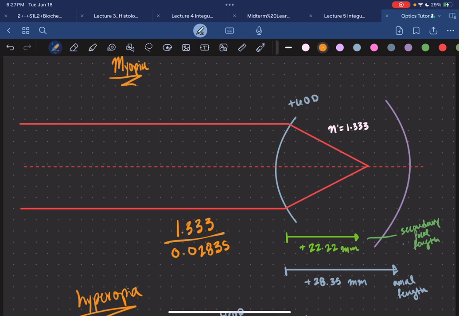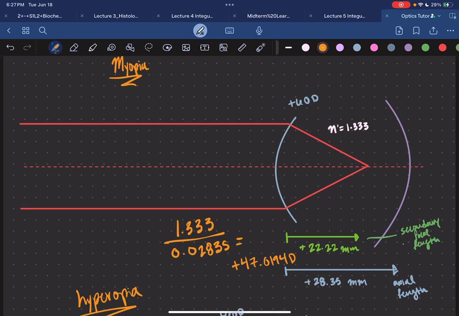And that will give us a positive 47.0194 diopters. So that's what the eyeball, the axial length, requires the power to be in order for that focal point to actually be on the retina.